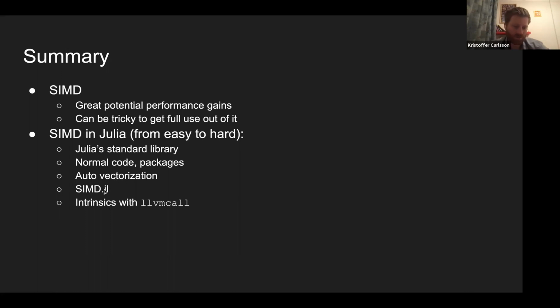You can use simd.jl, which is a package to do SIMD in Julia. Or finally, the hardest and most low-level thing is to use these intrinsics with LLVM call, which I would say is the last option. But if you really need a specific one, like the AES decryption or something similar to that, then you could do that.